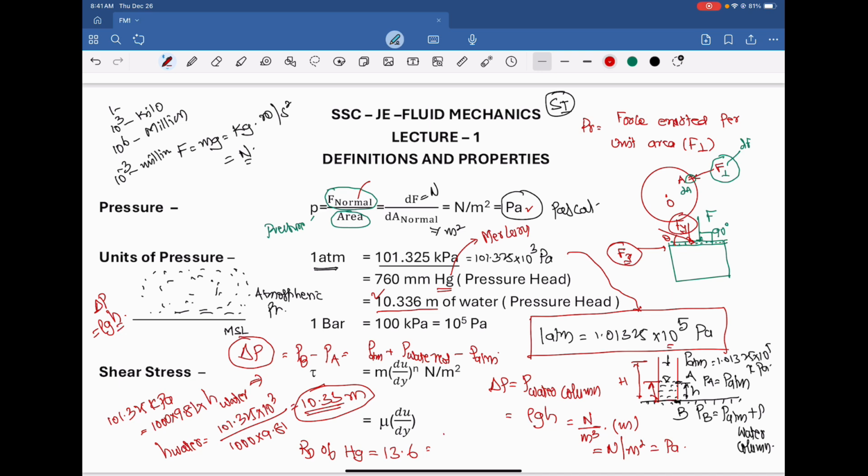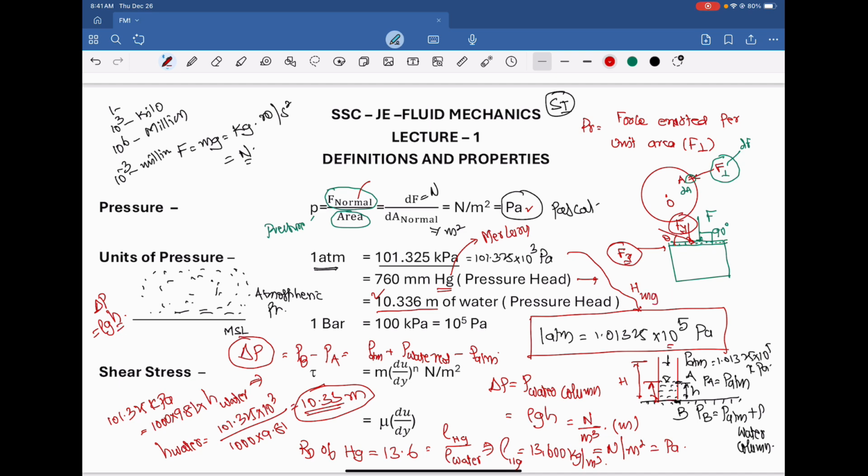That is equal to rho of mercury by rho of water. Now rho of mercury will be 13,600 kg per cubic meter. Now you find out the head of mercury.